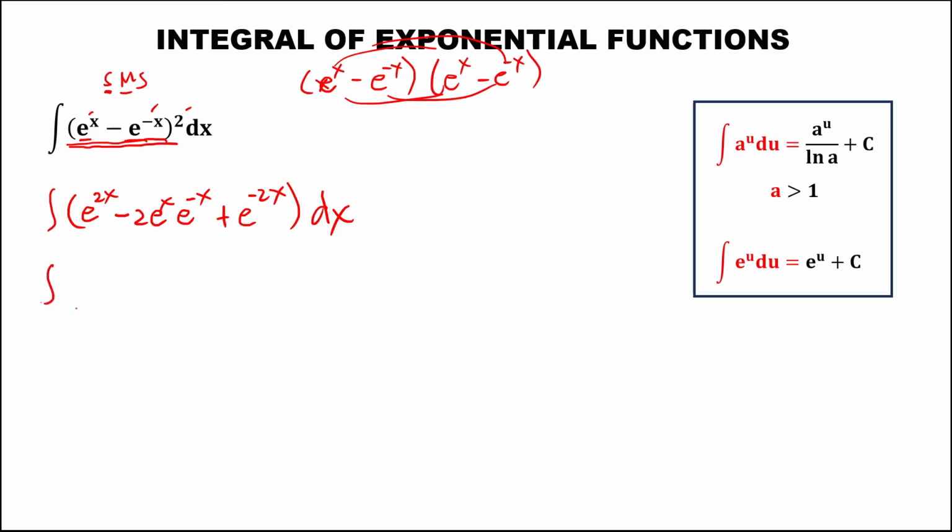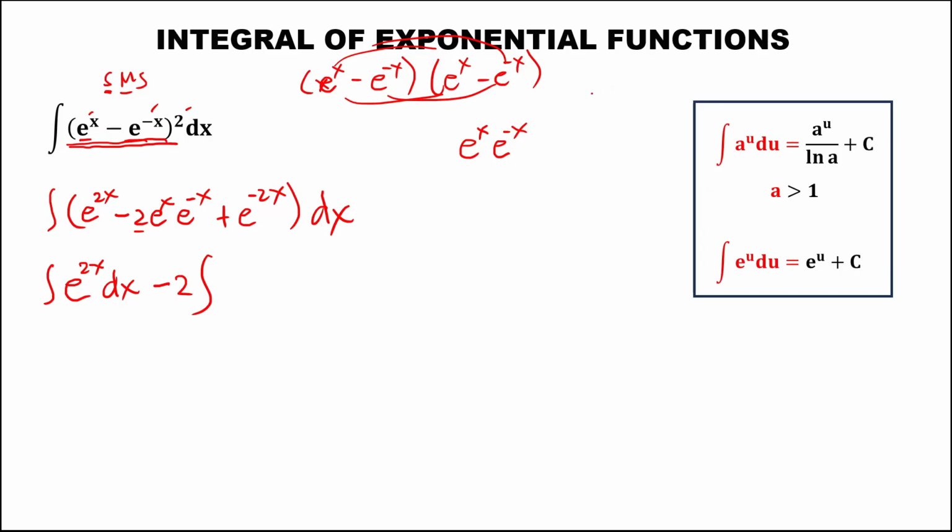So this becomes the integral of e to the power 2x dx, then minus, we need to put this constant outside, 2 times the integral of e to the power x times e to the power negative x.